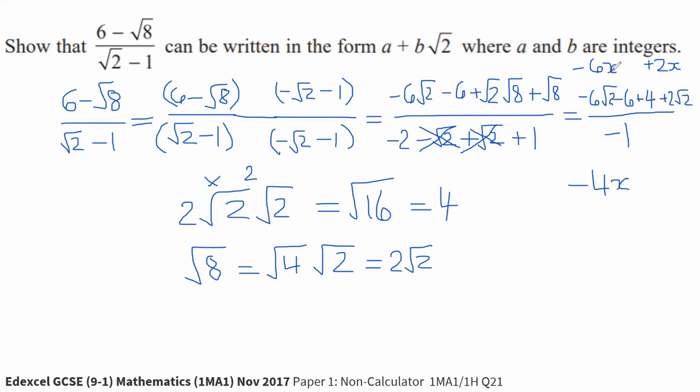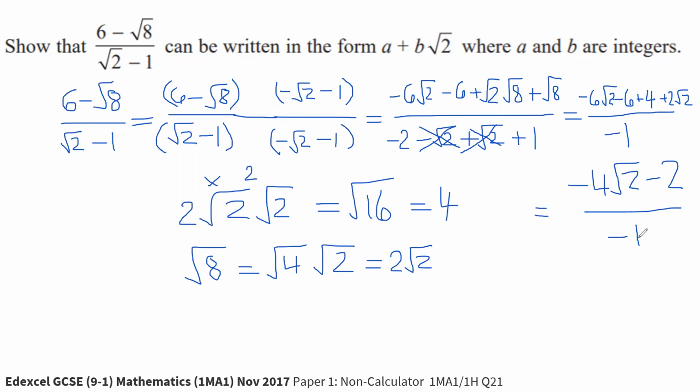So I would recommend just substituting in an x. We know that that's going to add to make minus 4x, and then we can just remove the x and pop the root 2 back in. Again, we've got minus 6 plus 4, which is going to give minus 2, and that's all over minus 1.